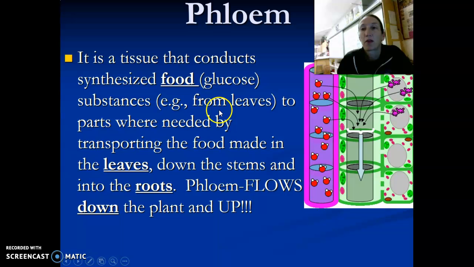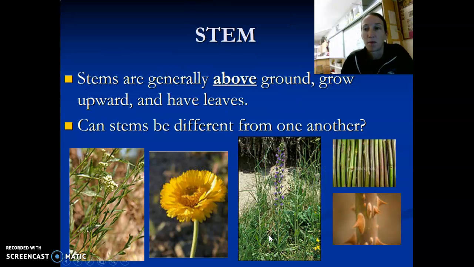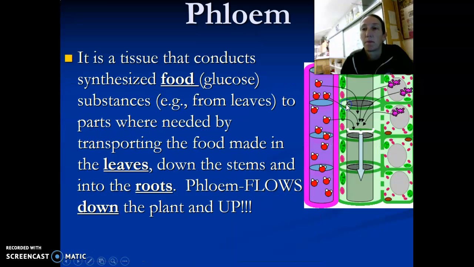So it's going to transport food to the parts where it's needed, transporting the food made in the leaves. The majority is made in the leaves, but it also can be made in the stems. Hence the reason why our stems are green, because they've got chloroplasts and chlorophyll in them. Anyways, they can transfer the food made in the leaves down the stems and into the roots, so it can flow down. It can go down, but it also can go up.